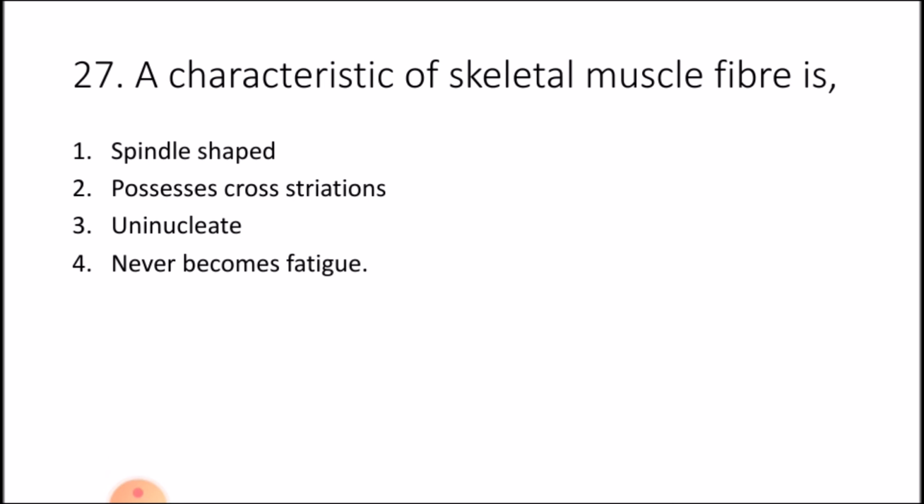If you consider the shape, it is cylindrical, therefore the first one is incorrect. Skeletal muscle fibers possess cross striations, therefore it is correct. They are actually multinucleate, therefore the third one is incorrect. And never become fatigued: actually they do become fatigued, therefore the answer is the second.